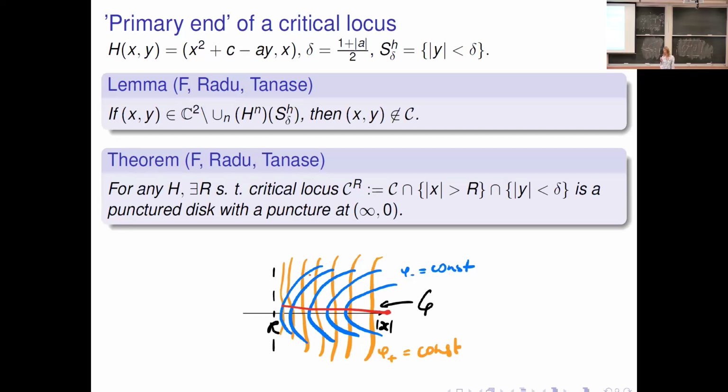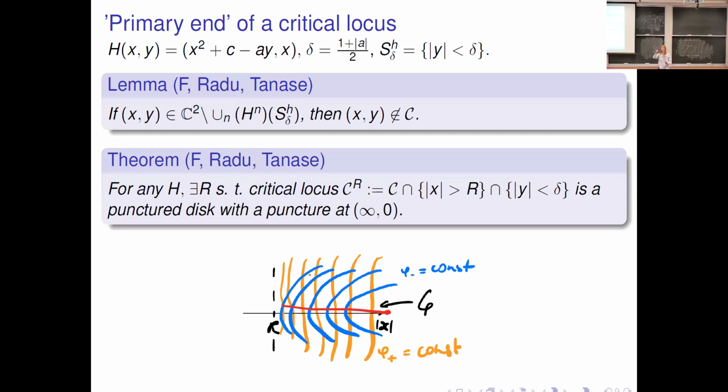We can calculate the unstable foliation. The unstable foliation at infinity is parabolas. So when we look at infinity, we have one foliation that you can think of as vertical and another foliation that is parabolas.